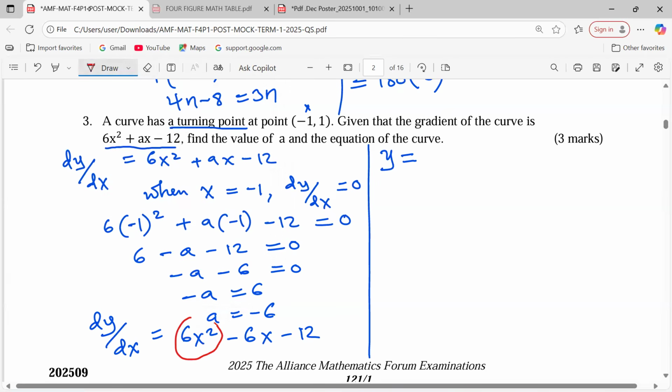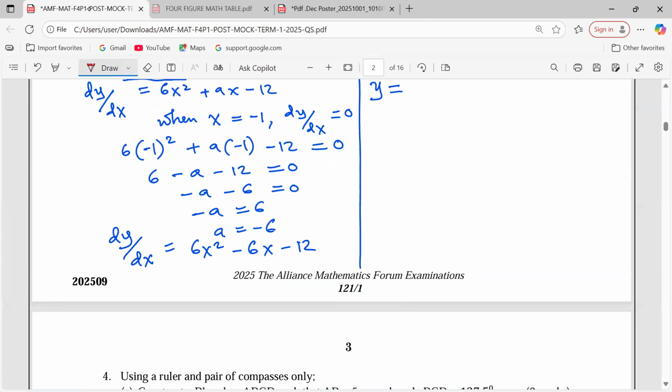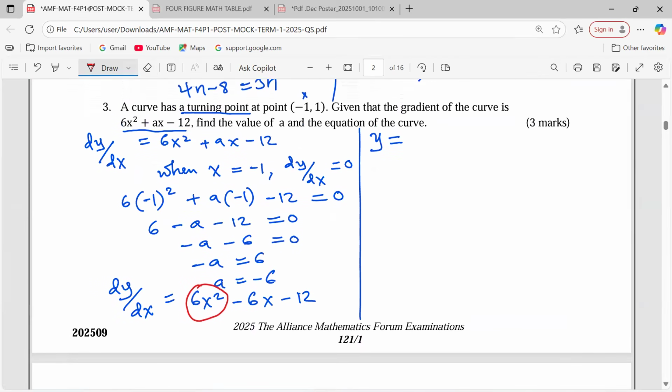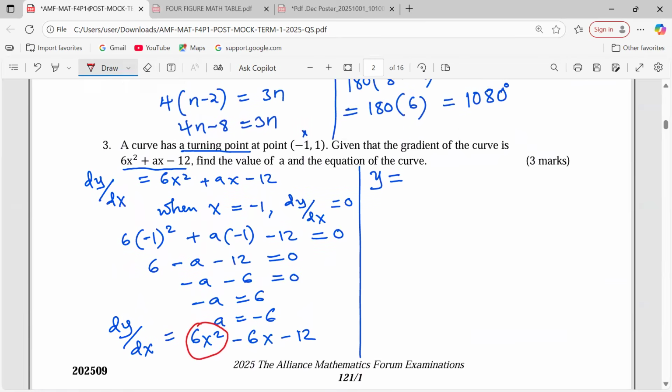Integrating from the first term, 6x power 2, the power of x increases by 1, that becomes 3. So x is now power 3, and the new power divides everything.